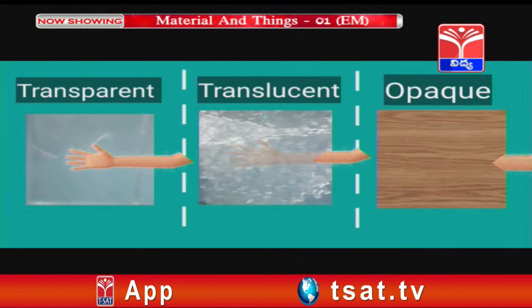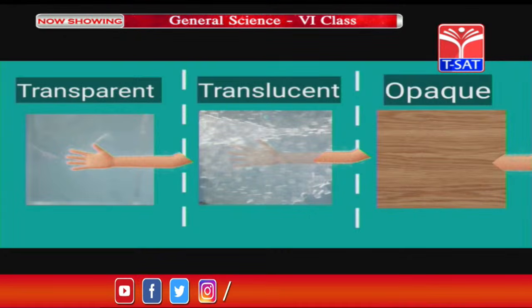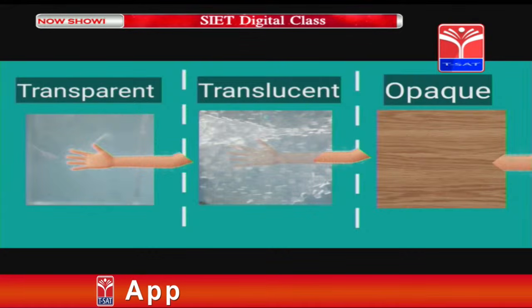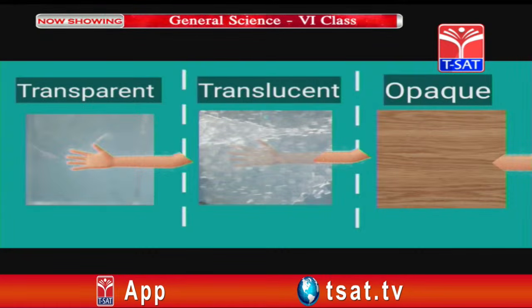Now, look at the translucent material, children. You can see the hand, but not clearly, because it is a translucent material. Now, what about the opaque material? It is not allowing any light to pass through it. So, your hand is not visible, right, children? So, am I clear with this?